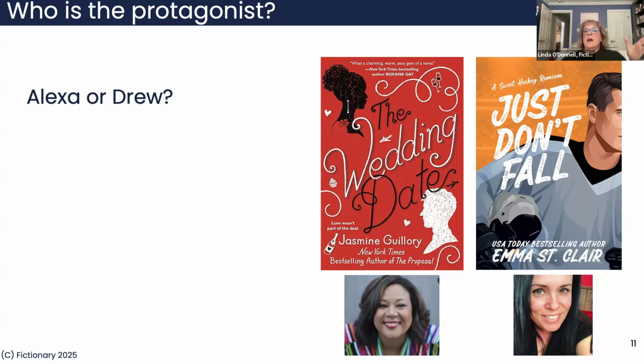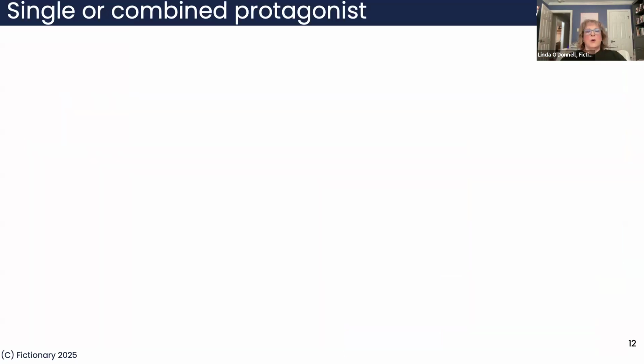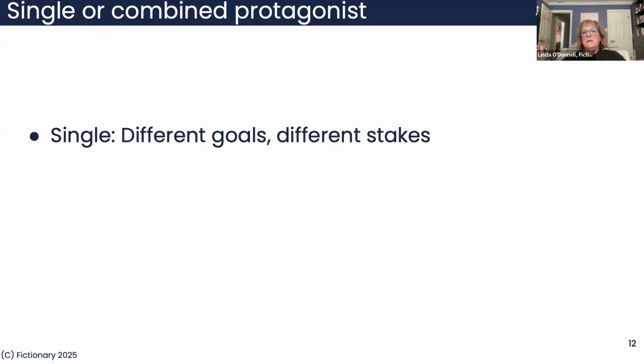So in The Wedding Date, we've got Alexa and Drew. They're the love interests. We see some scenes written from Alexa's point of view, some from Drew's. And then in Just Don't Fall, we've got Parker. We see some scenes from her point of view, and some scenes from Logan's point of view. So, what does that mean? Okay, well, here's the key.